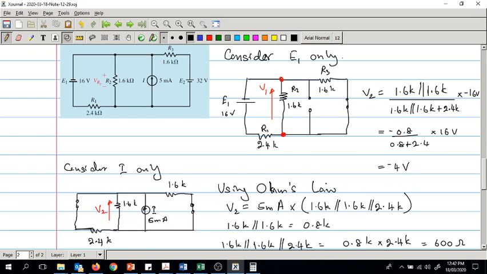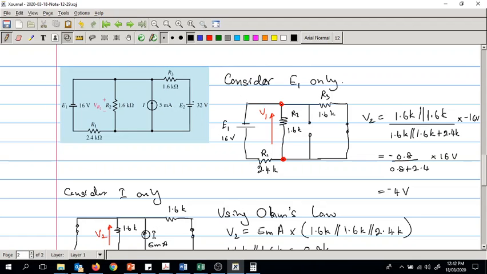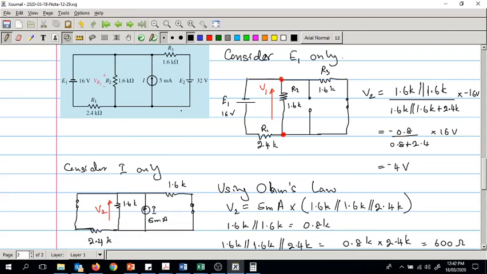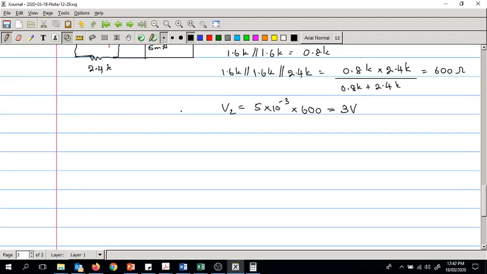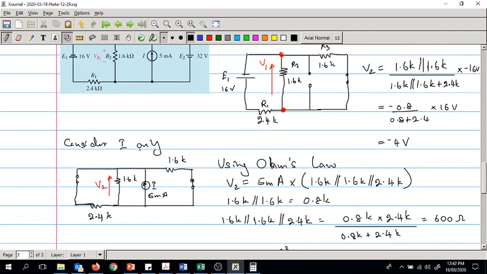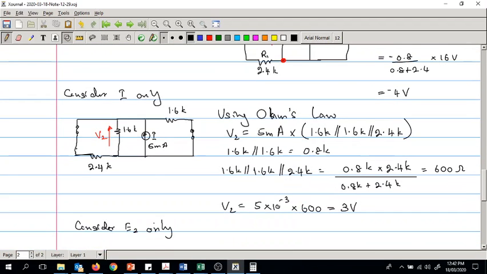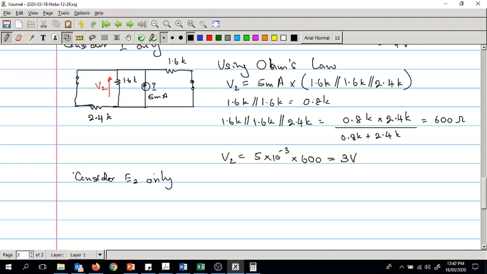Thirdly, we will consider only the 32 volts voltage, that is E2. So consider E2 only. Now we have a short circuit here, so I'm going to draw it in the same shape as what we have there.